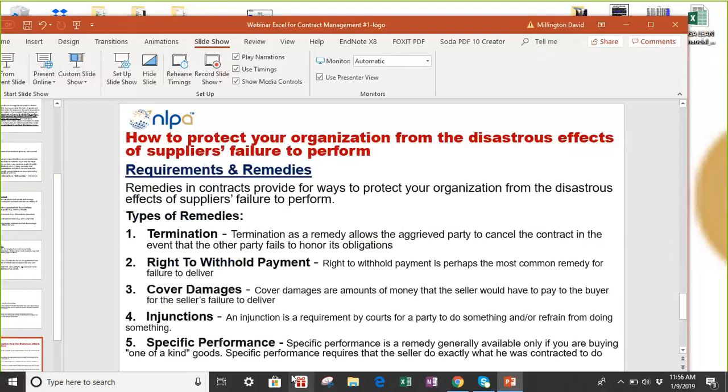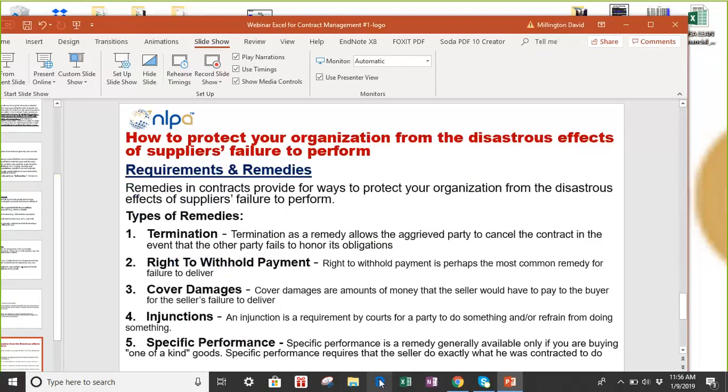The third mandate of the procurement function and procurement professionals is to protect your organization from risk. So protect the organization from risk, support the organization and the conversion and production processes in particular, and manage spend. Contracts are a very, very good way to protect organizations from risk.